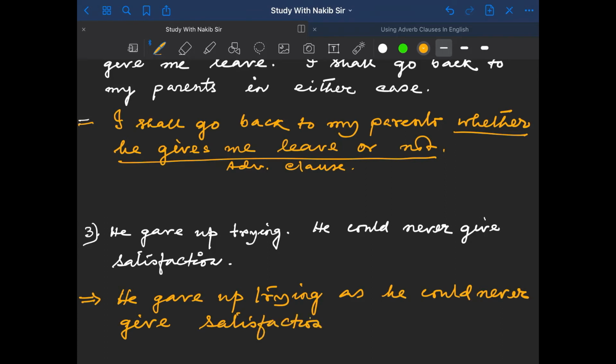He gave up trying as he could never give satisfaction. This is the cause. So this is an adverb clause. Okay. So these are the answers to the questions of sheet number 6.